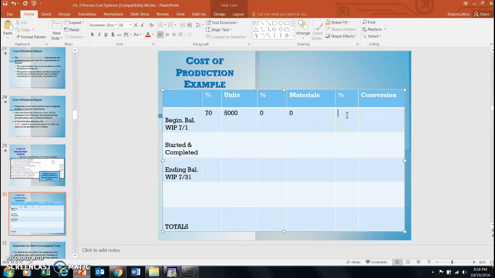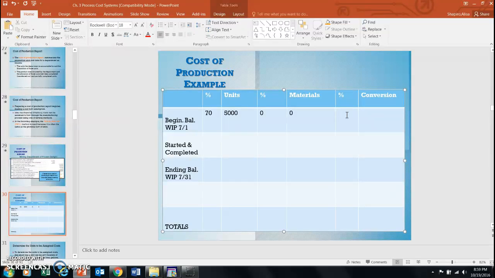So the remaining work, 70%, pertains only to the conversion costs. So if I open my doors on July 1st, and it tells me 70% of those 5,000 gallons is complete, that means the 70% was completed in June.